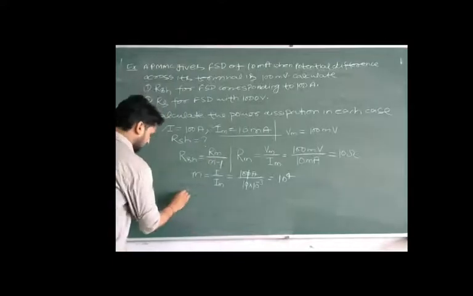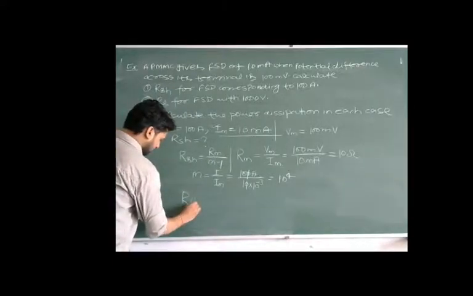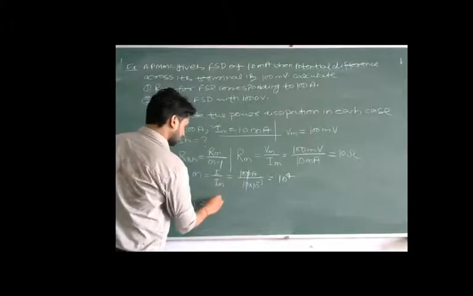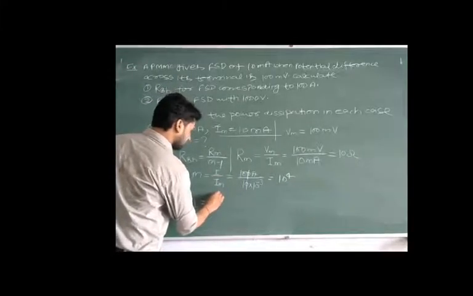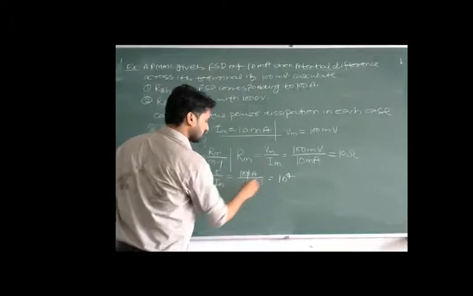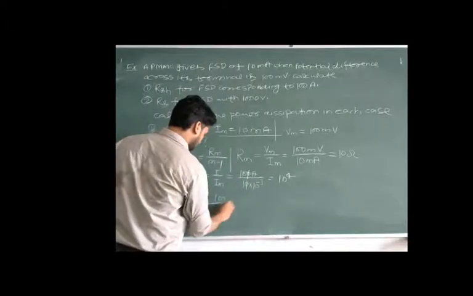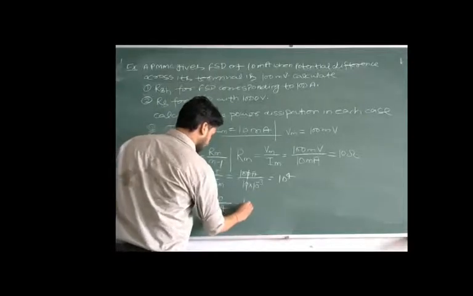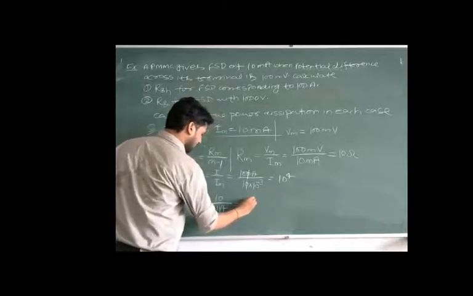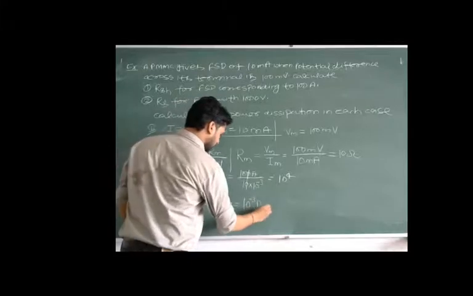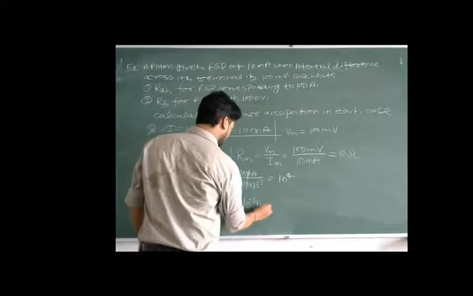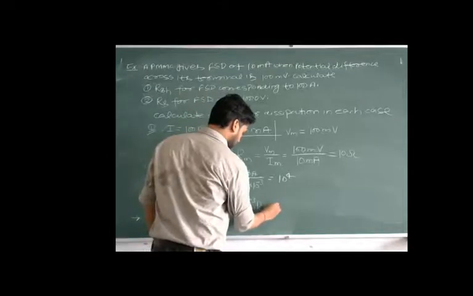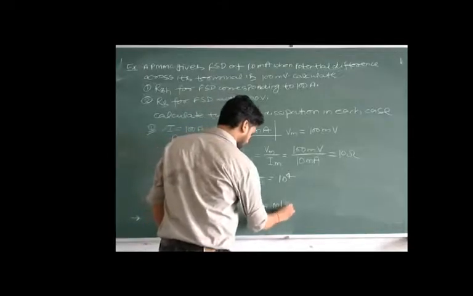Now we can calculate RSH as Rm upon m minus 1. The value of Rm is 10 ohm upon 10 power 4, which is equal to 10 power minus 3 ohm, or this can be written as 0.001 ohm.